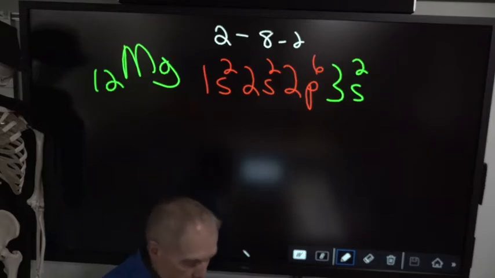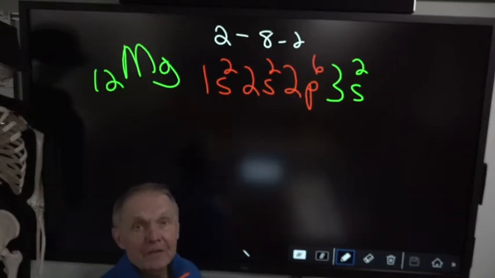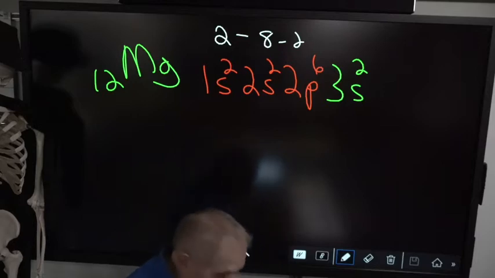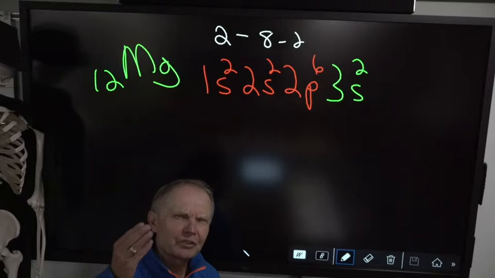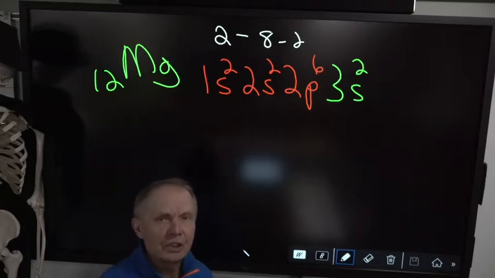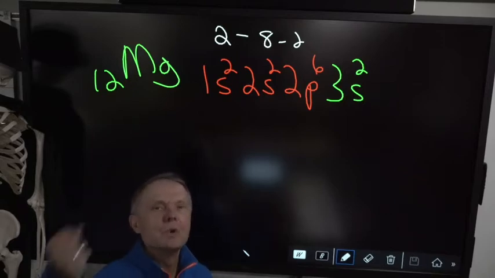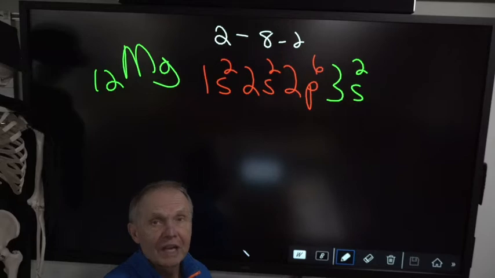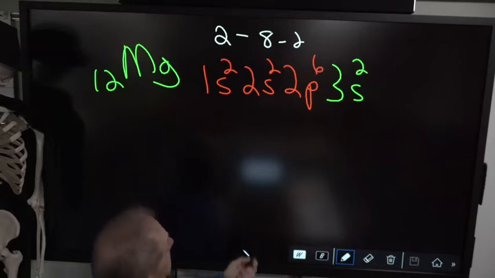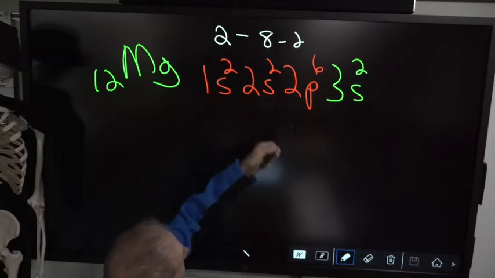Now, to jump up to that step, if you don't have enough energy, you're going to fall back down to ground. Same thing with electrons. Electrons need a specific amount of energy that they have to absorb to move up to the next energy level. If they don't have that specific amount of energy, they will just stay where they are. So, let's take this for example, 2-8-2.